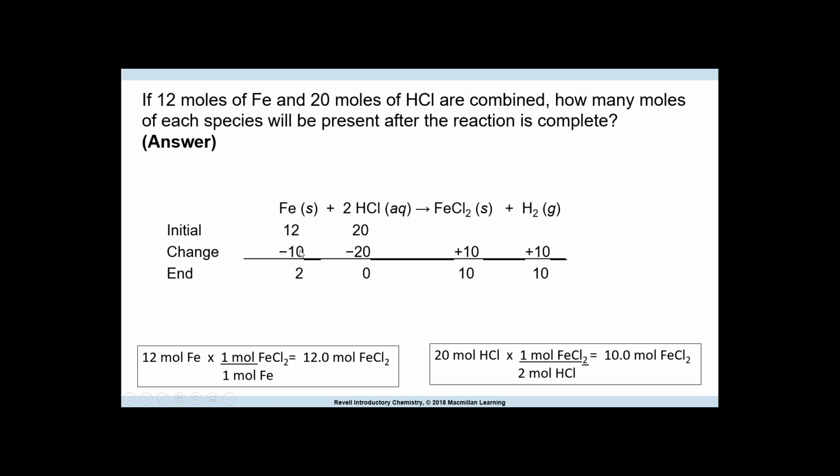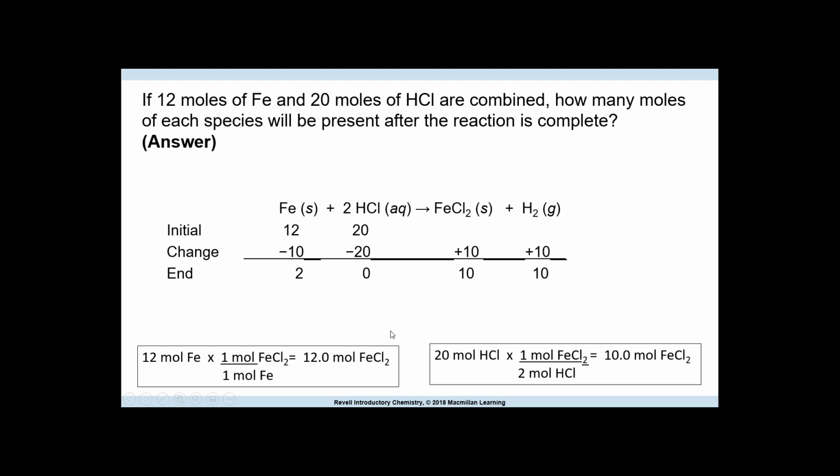So in this case, it's 10 moles that are going to be consumed, not 12, because this is excess. This is the limiting reagent. This is what's going to go to 0. And because this one's going to be a 0, this is not all going to be consumed. So I'm producing only 10 moles. That means that only 10 moles of this is going to be consumed as well. Subtracting, leaving me 2 moles of iron, 0 moles of HCl, 10 moles of iron 2 chloride, and 10 moles of hydrogen.